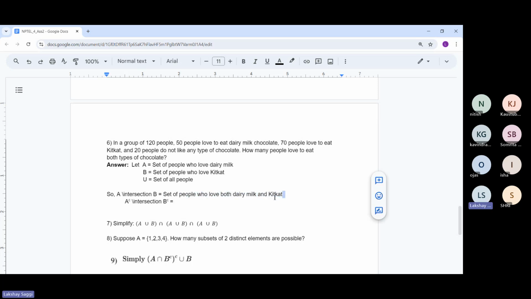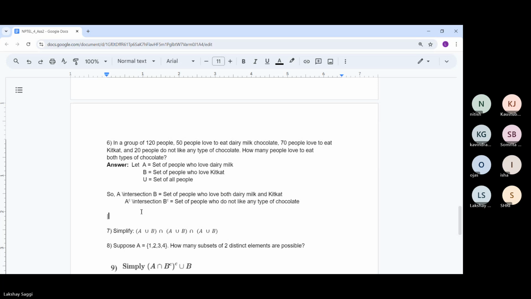Set of people who do not like any type of chocolate. Right. So we'll see why we even need the cardinality of this set. First of all, what do we need to find out? We need to find the cardinality of A intersection B, right? Maybe I should first write down what we are given.